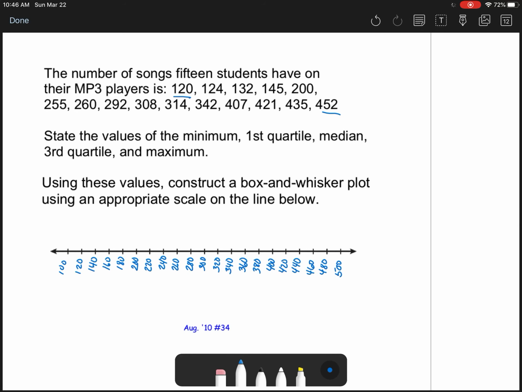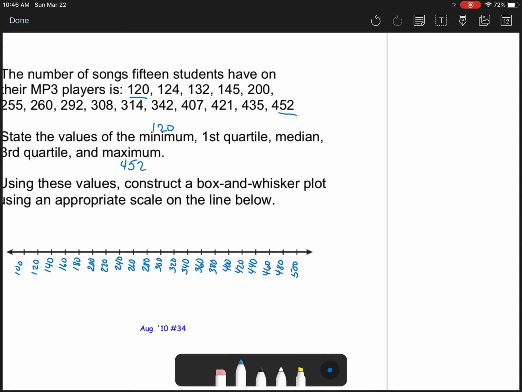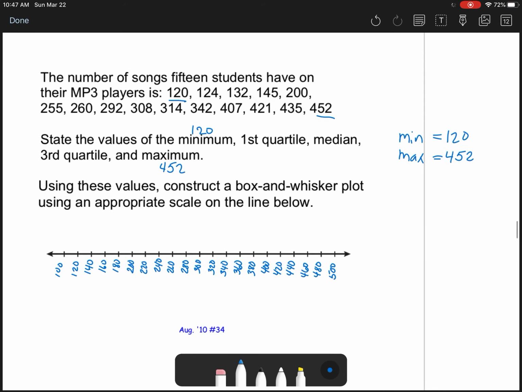This is a perfect example of having really a wide spread between the data. Our smallest number, our minimum, is 120. Our maximum is 452. Let me put these over here, actually. The min is 120. Okay, the max is 452.